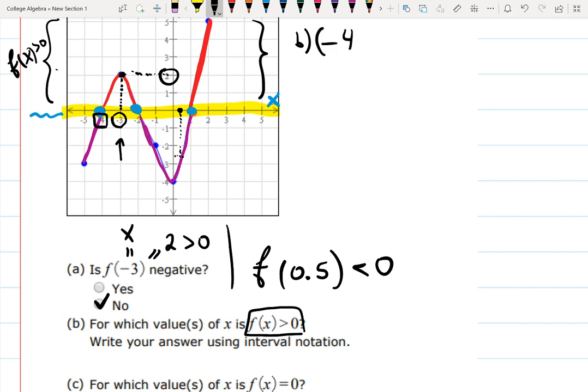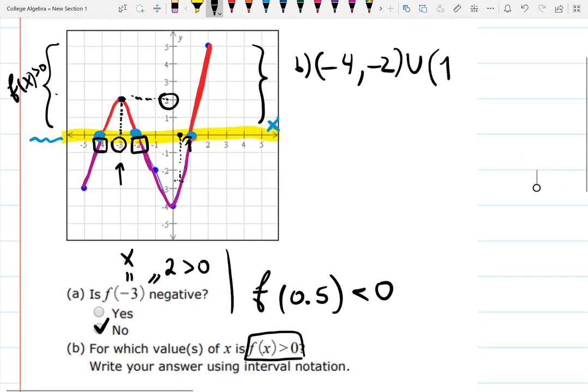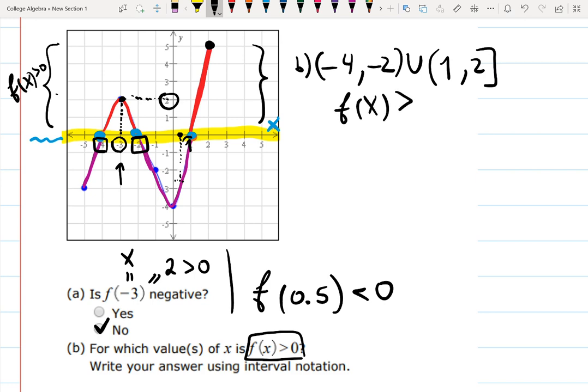I'm not including negative 4 because at negative 4, it's 0. Then it hits negative 2, and again I'm not including it. Then the union. Then I see that I need to use 1, and I'm not including it because at 1 it's 0. But then it stops at 2, and I will include 2 in this case because it is not 0 or negative there, it's still positive. So this is where f of x is positive.